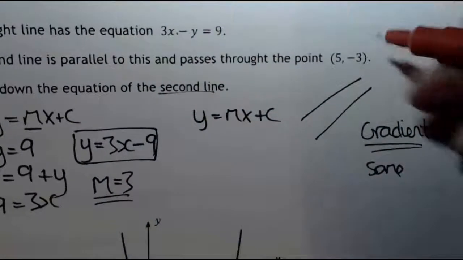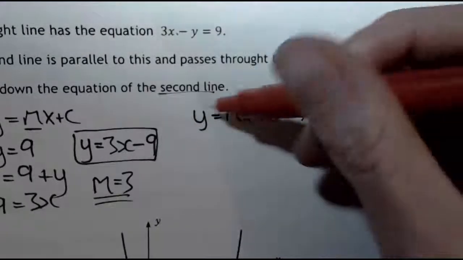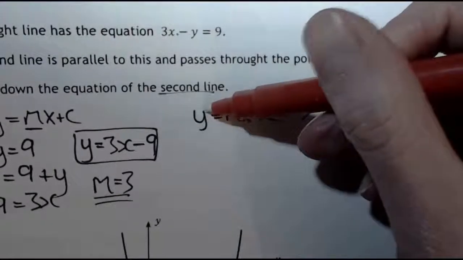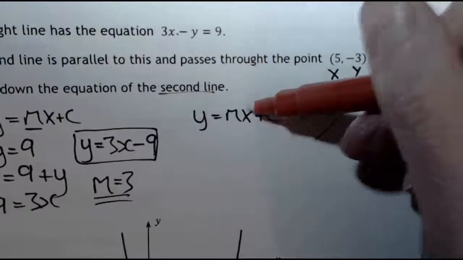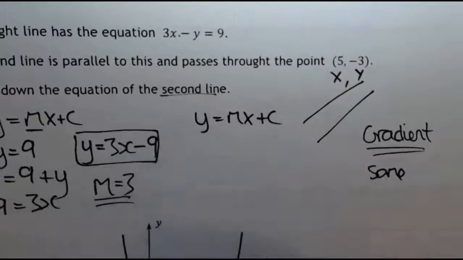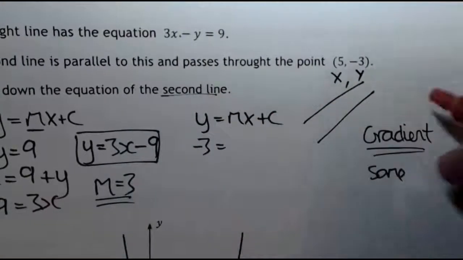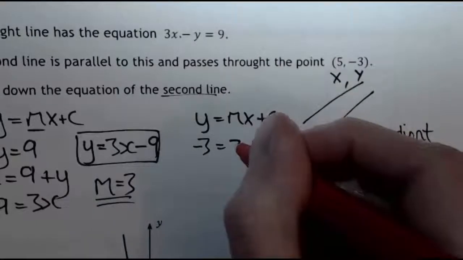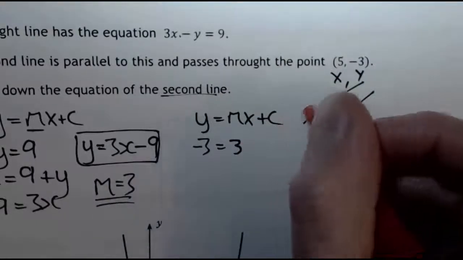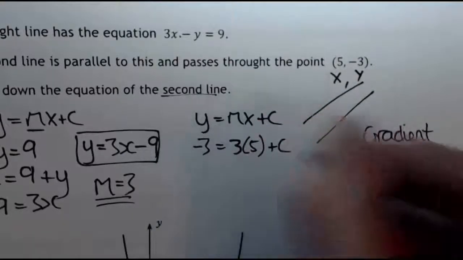What we can now do is, this is obviously the x and y coordinate, and we've also got m, so we've got a value for this, a value for that, and we can work out what c is, because that's only one unknown. Right, so this is minus 3 equals 3 times 5 plus c.